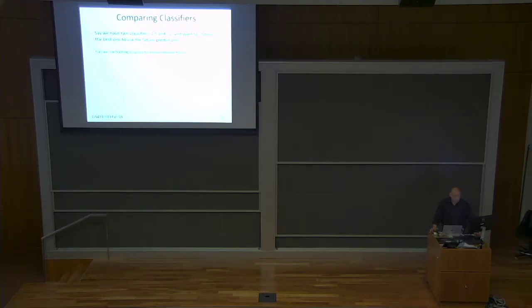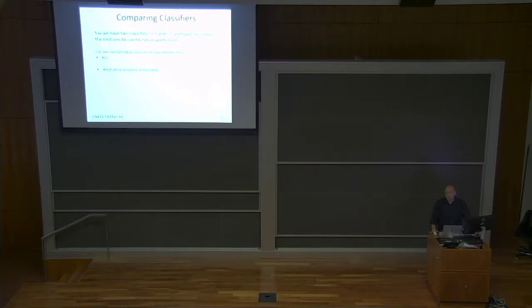So you have two classifiers, and you want to know which is the best, the one that you want to use later on in future predictions. We agree that just looking at the training accuracy to choose between them is a bad idea. And in fact, even just looking at the accuracy or any other metric, I'm going to keep saying accuracy, but it could be other metrics, is also a bad idea.